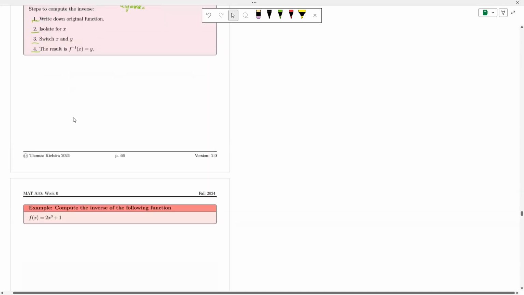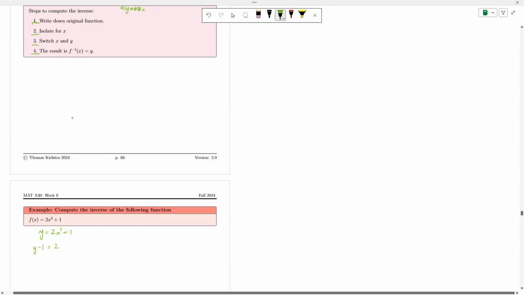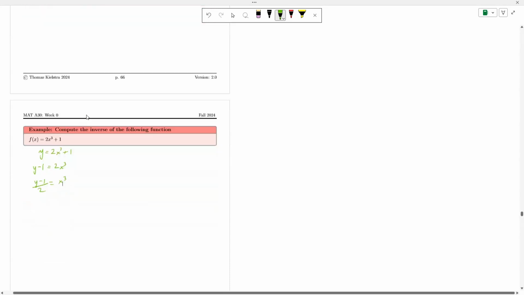So let's go through an example of doing this. Here we have f of x equals 2x cubed plus 1. So y equals 2x cubed plus 1. We want to get x by itself. So y minus 1 equals 2x cubed. Y minus 1 over 2 equals x cubed. And now here, we can take the cube root.